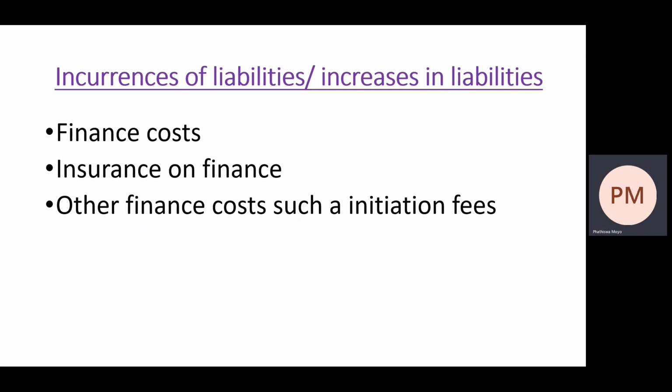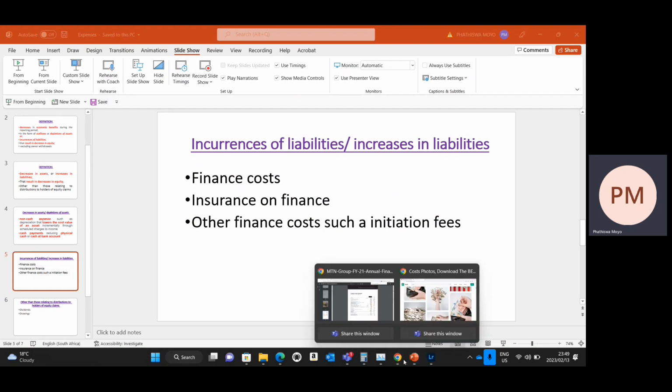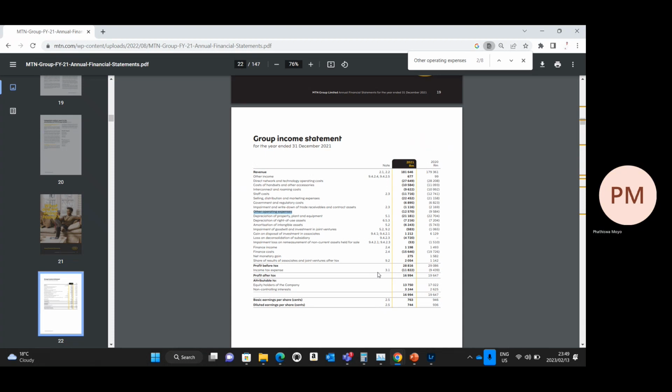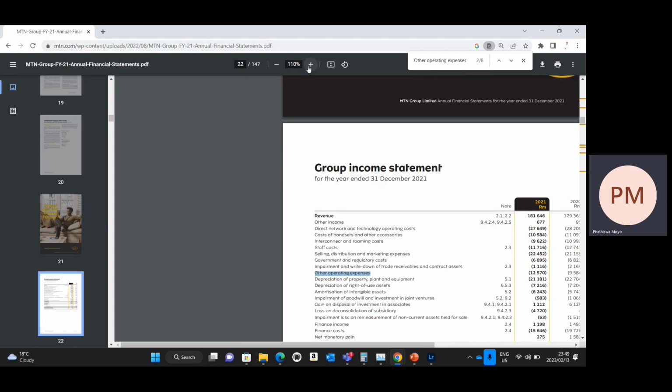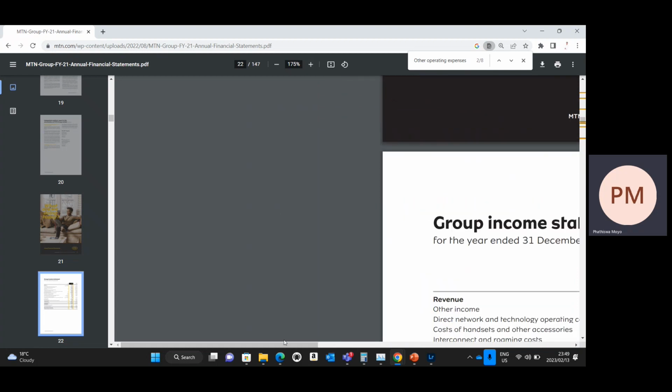Okay, so increases of liabilities or increases in liabilities. Sometimes a business incurs expenses because they've taken debt. Remember, we were talking about businesses sometimes getting debt and then having to pay interest to service that debt.